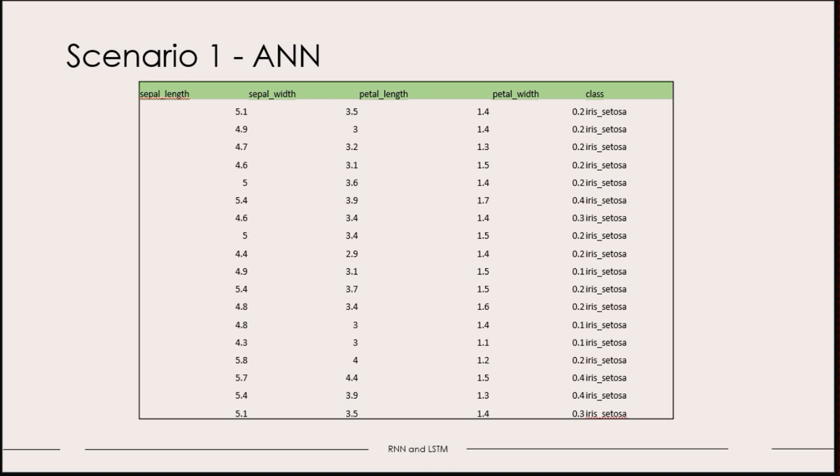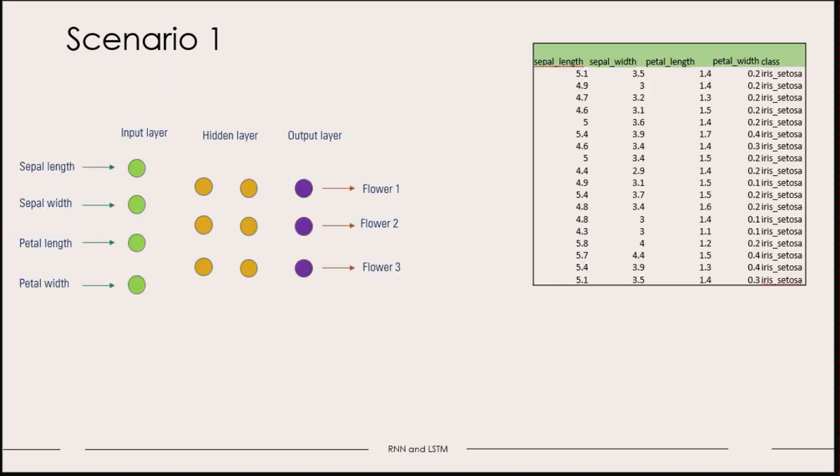Scenario number one is a very simple problem where we have sepal and petal length and width of a flower and we have to classify which kind of flower it is. So we have four features and three classifications. Our implementation is going to be very straightforward.